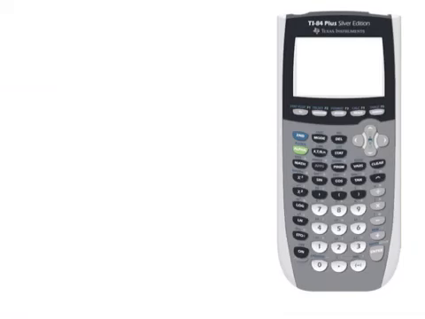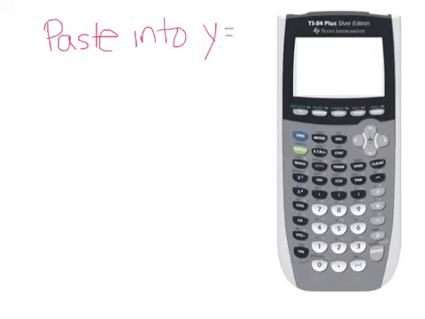The next step, I would like you to copy and paste your regression equation. So to paste your regression equation into y equals, or into our equation editor, we're first going to select y equals, which is right there.